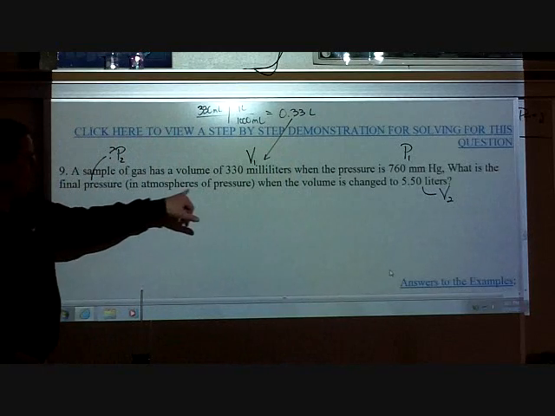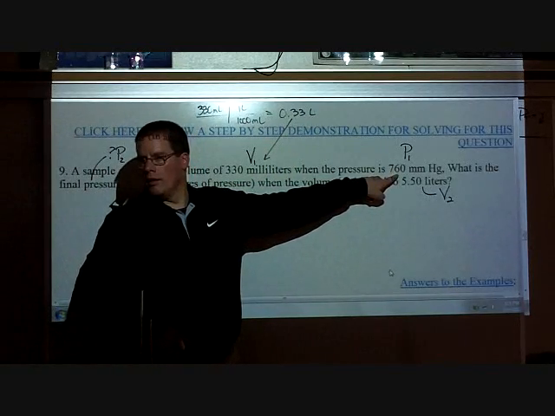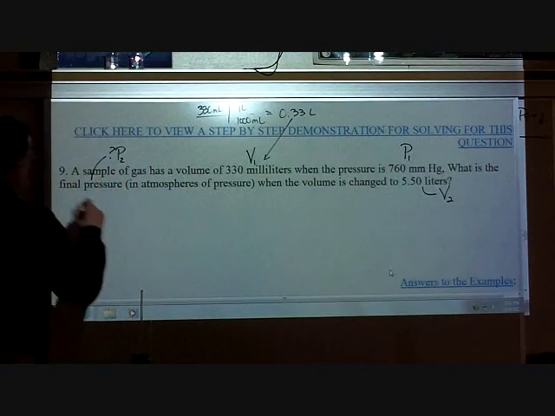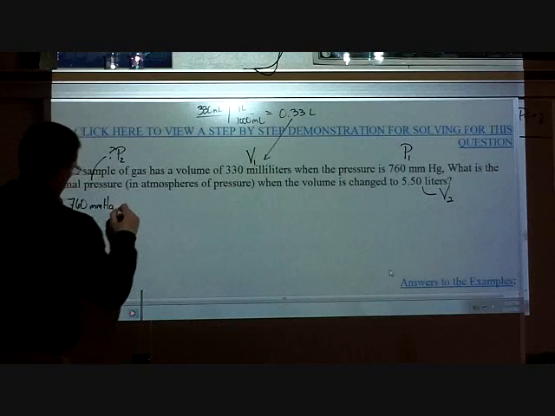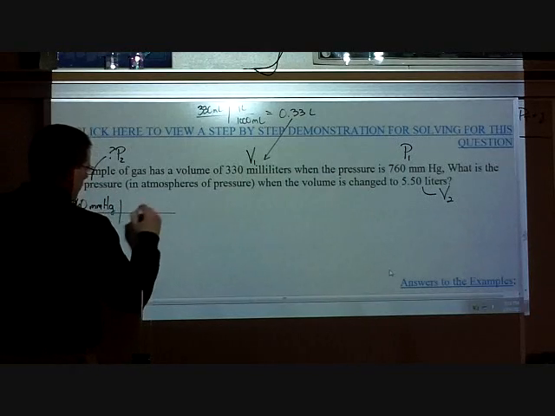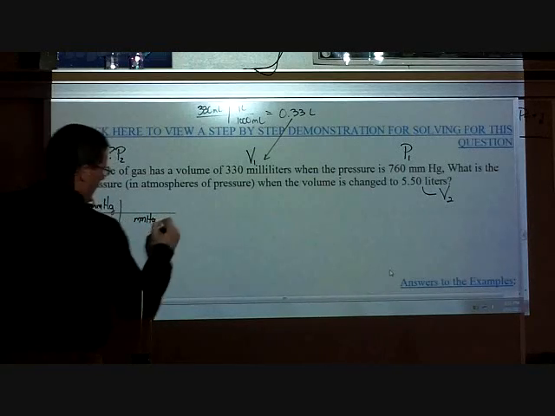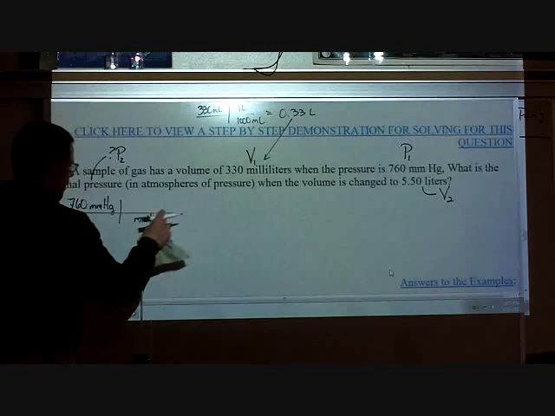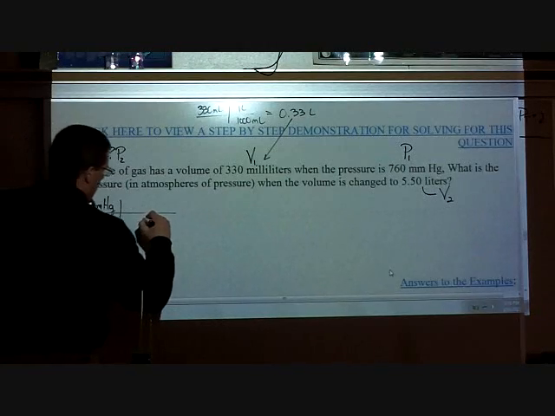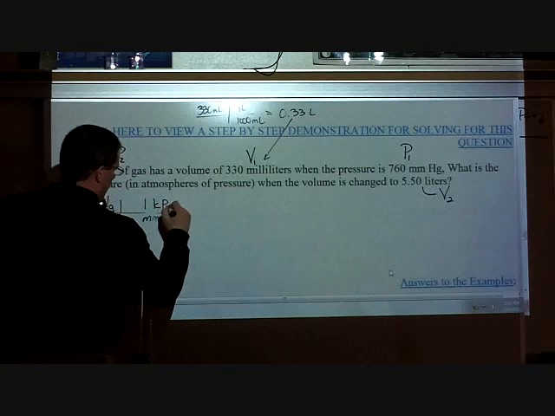It wants the pressure in atmospheres. So do you want to change the pressure now or later? Now. Okay. So we can change it now from 760 millimeters of mercury. Convert the millimeters of mercury to kilopascals. How many millimeters of mercury are there in 1 kilopascal?